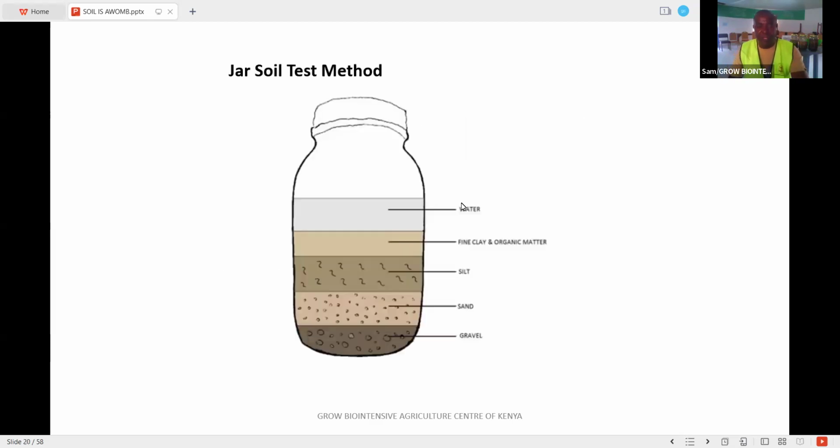So this is the jar method. It is how you determine the kind of soil that you have, and whether it has enough air or something like that. But the most important thing is to understand what type of soil you have. With me here, I have 3 types of soil, and one of them is compost, soil that is rich in compost.